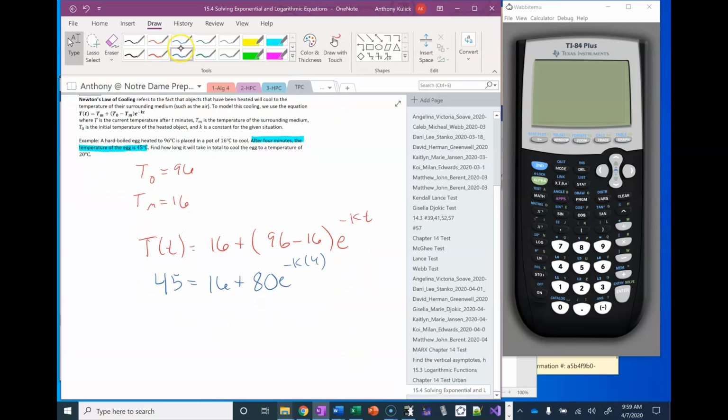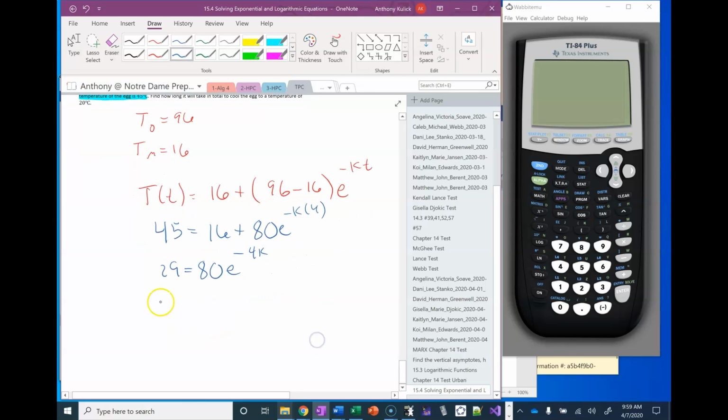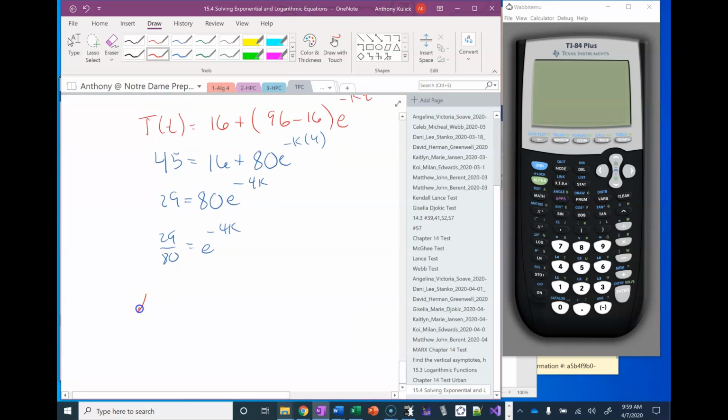So we'll subtract 16 from both sides. So that's going to be 29. And then we'll divide both sides by 80. And then to get rid of the exponent base of e, we'll have to use the logarithm base e, which we remember is the natural log, ln.